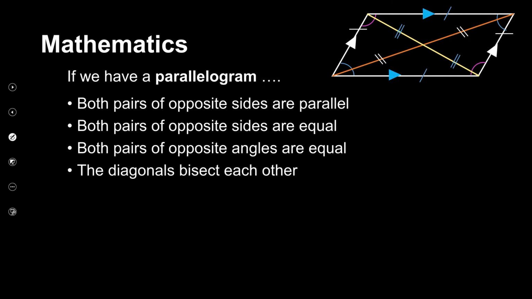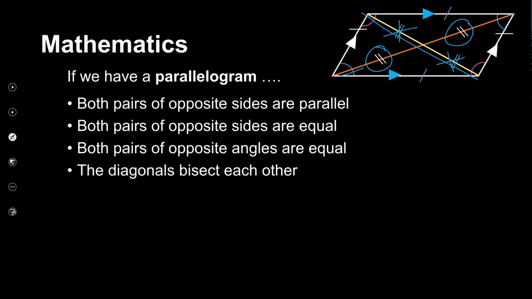And then the diagonals bisect each other, meaning this diagonal here is cut into two equal parts by the orange diagonal, while it is also cutting the orange diagonal into two equal parts. So you can see that this will be equal to that, and this will be equal to this, right?